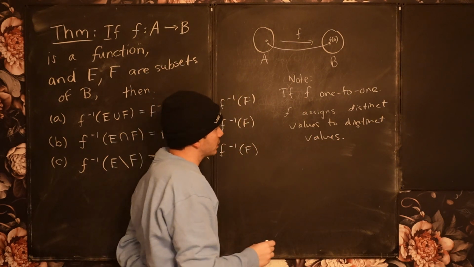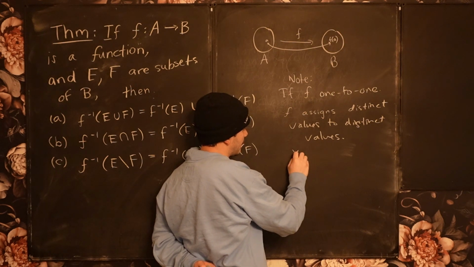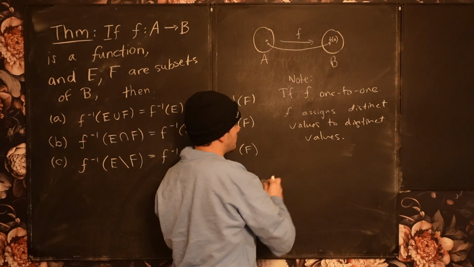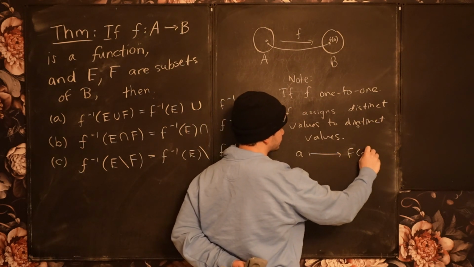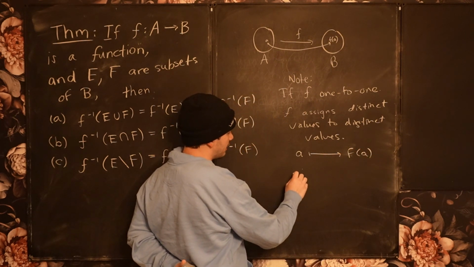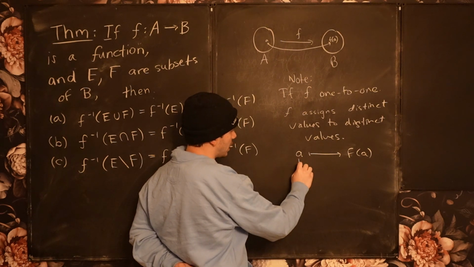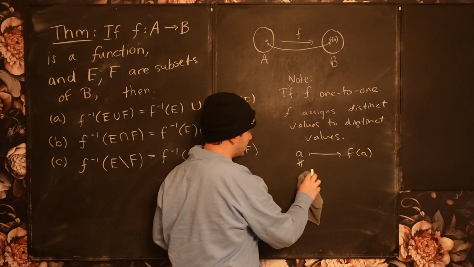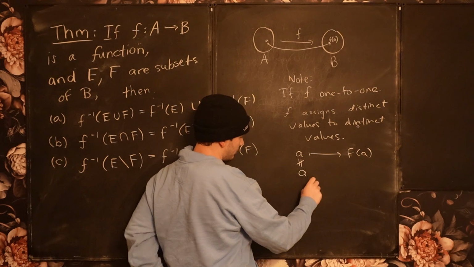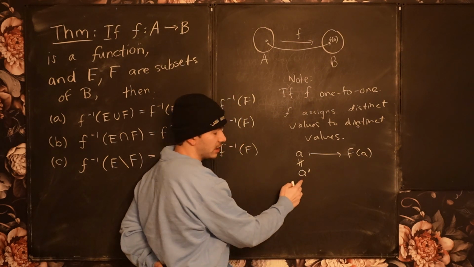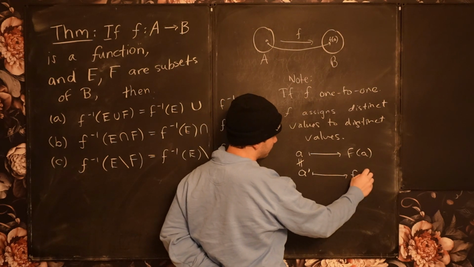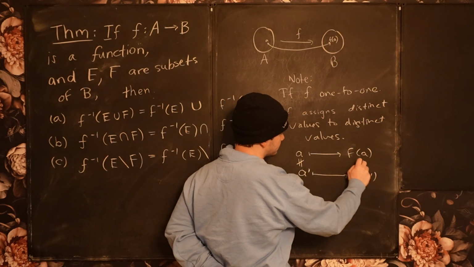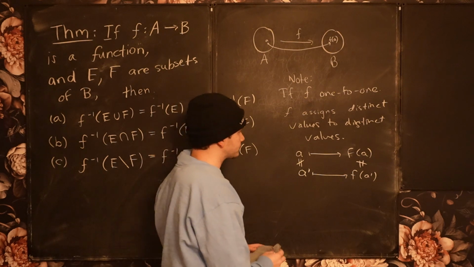In particular, if I look at a, it is going to get mapped to f of a, and if I have a prime, a different element of A which is not equal to a, this is going to get mapped to f of a prime, and these values are distinct.